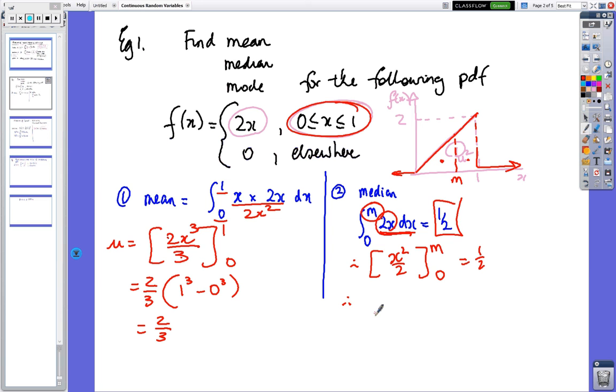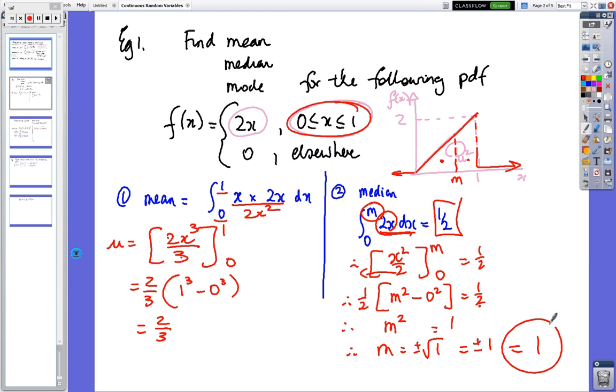So we can take the half out the front, and then we've got m squared minus 0 squared equals a half. Divide both sides by a half, so we get m squared equals 1. So m equals plus or minus the square root of 1, which is plus or minus 1, but it equals 1.